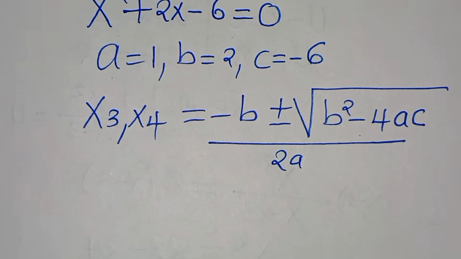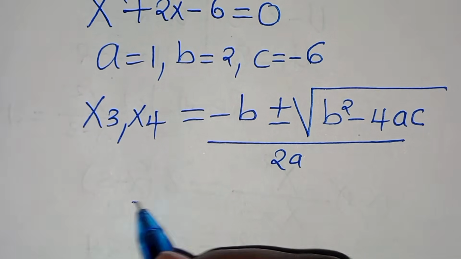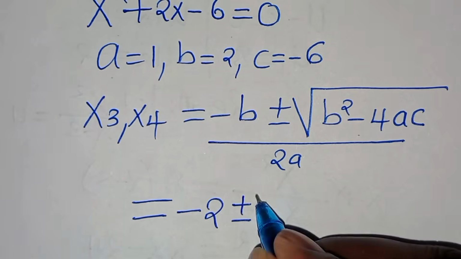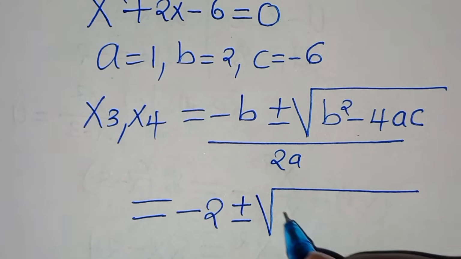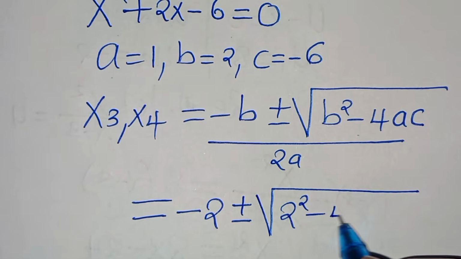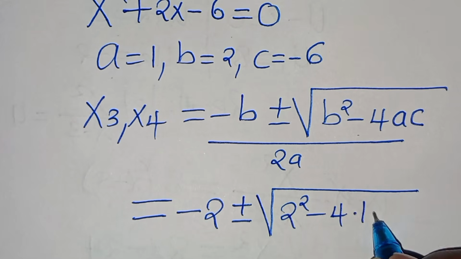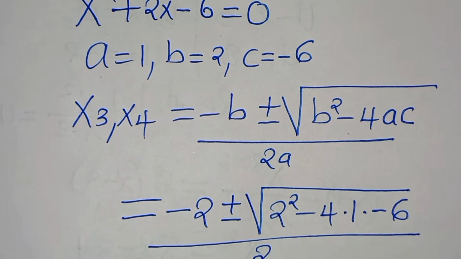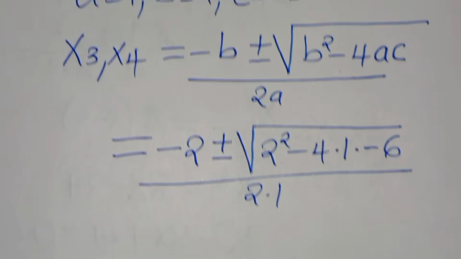Now let's substitute the values of a, b, and c so that now we have minus 2 plus or minus the square root of 2 to the power of 2 minus 4 times a, which is 1, times c, which is minus 6. Everything here divided by 2 times 1.